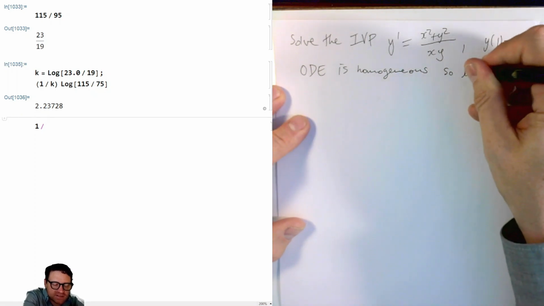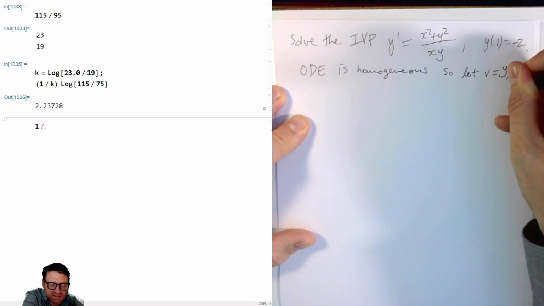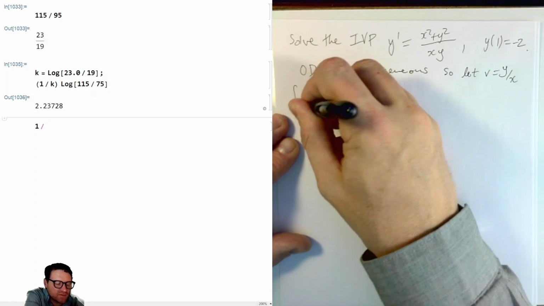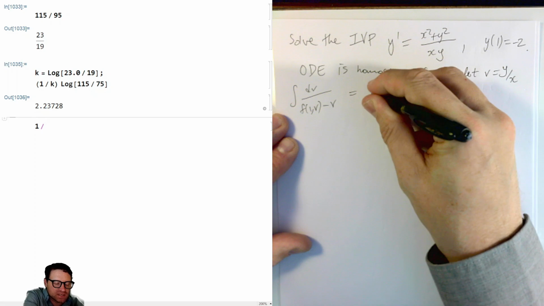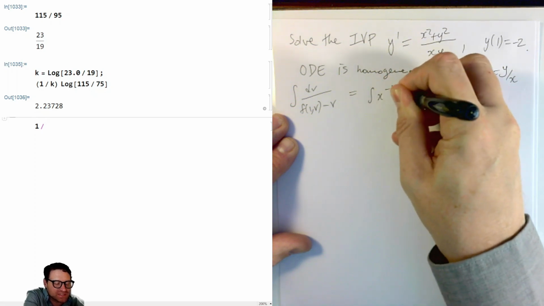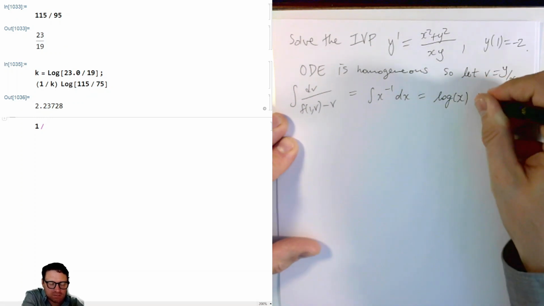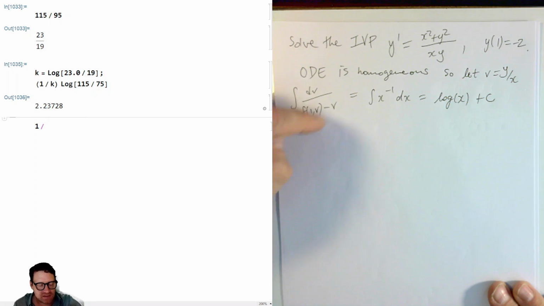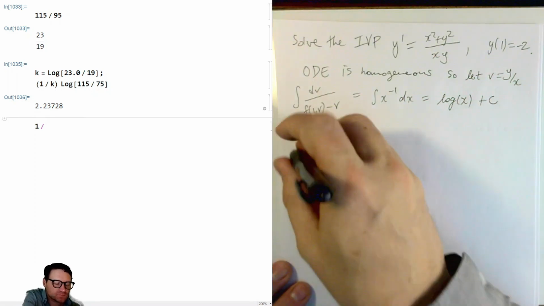So we'll let v equal to y over x, and we'll set up dv over f of 1 comma v minus v is equal to the integral of x to the minus 1 dx, which is log of x plus c. Okay, so we need to calculate this for this f of x and y.